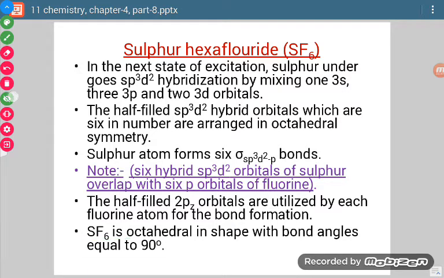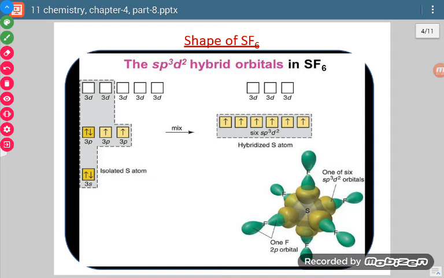Now let us see how the shape is. Here you see, this was the ground state. Then what happened in its excited state?